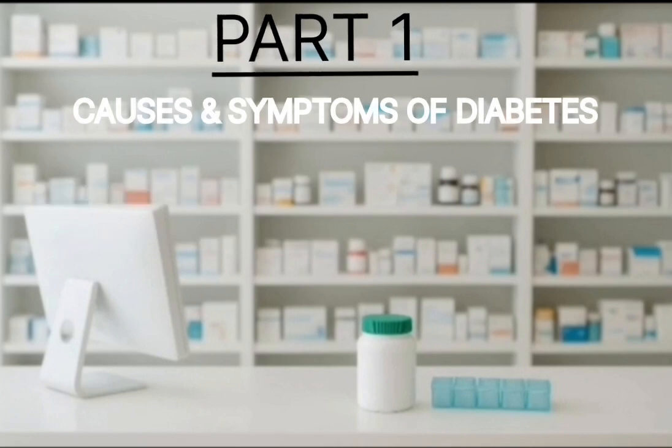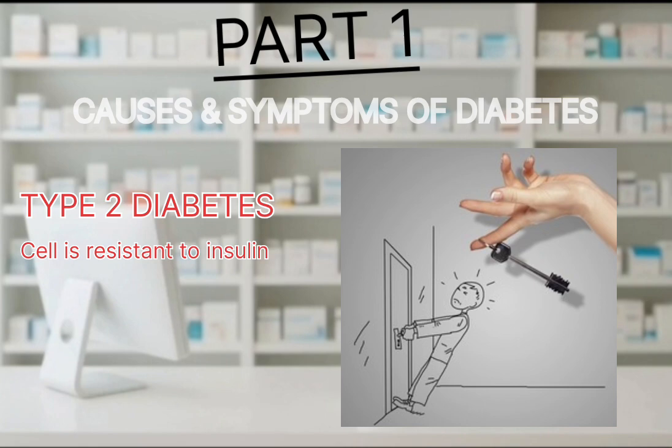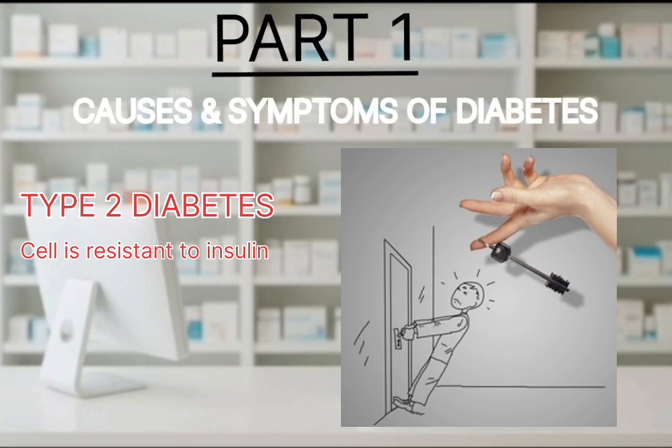Now in the second condition, suppose the pancreas is producing insulin, that means the person glucose gets the key, but now the lock on the door is damaged. So yes, glucose has the key, but the lock is damaged, so the key is unable to open the damaged lock. Now the door will remain closed, so glucose will not be able to enter the cell, enter the room.